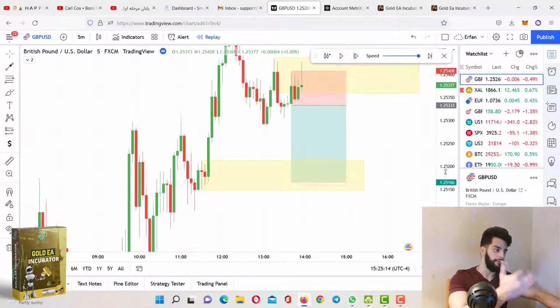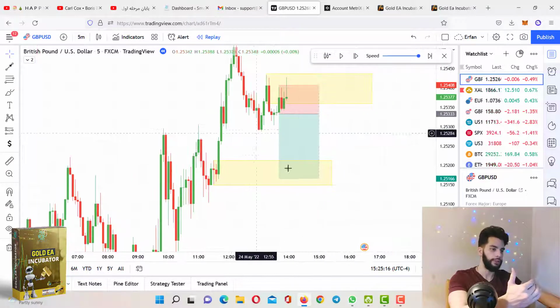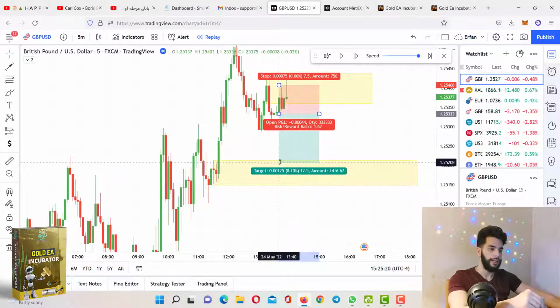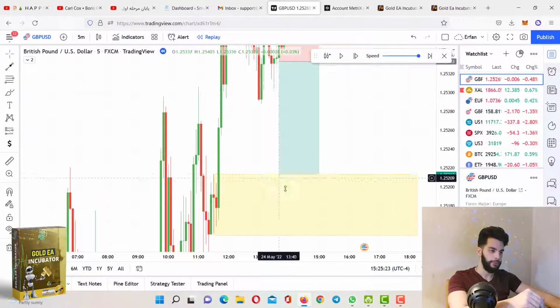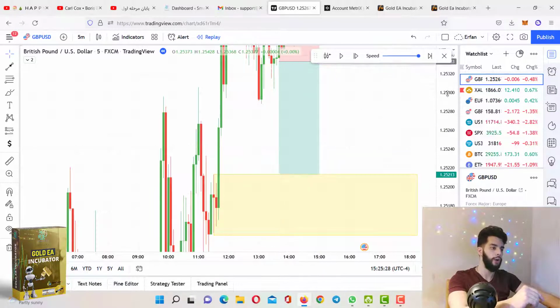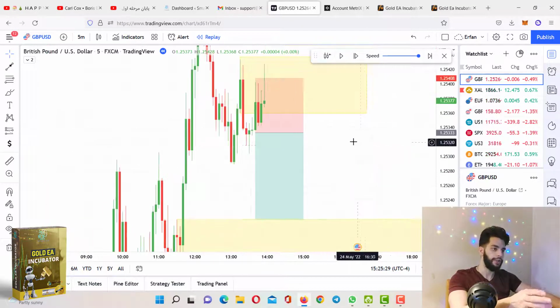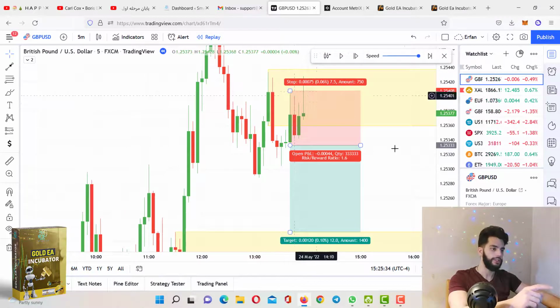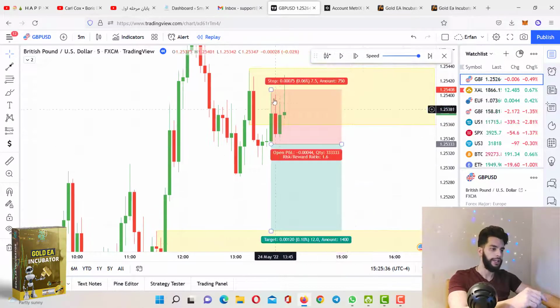So I knew, okay, let's have the target here. I don't want to have my target lower, because I know there's a high chance that the price just taps into the zone and then goes up, so I didn't want to take a risk. So I put my seller stop here, my stop loss here, my TP right here.